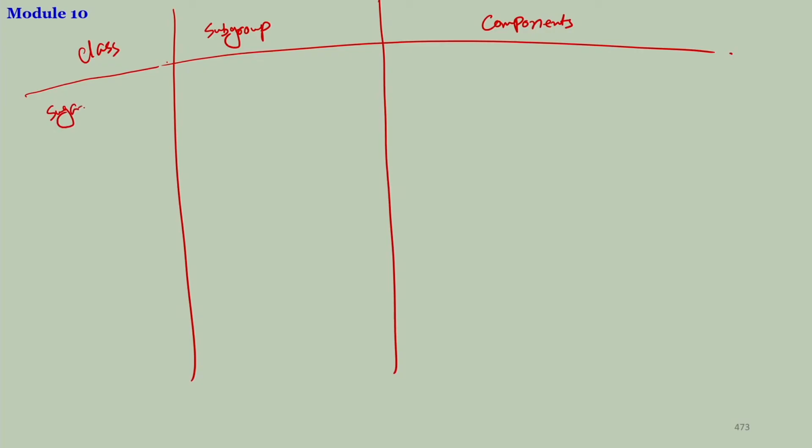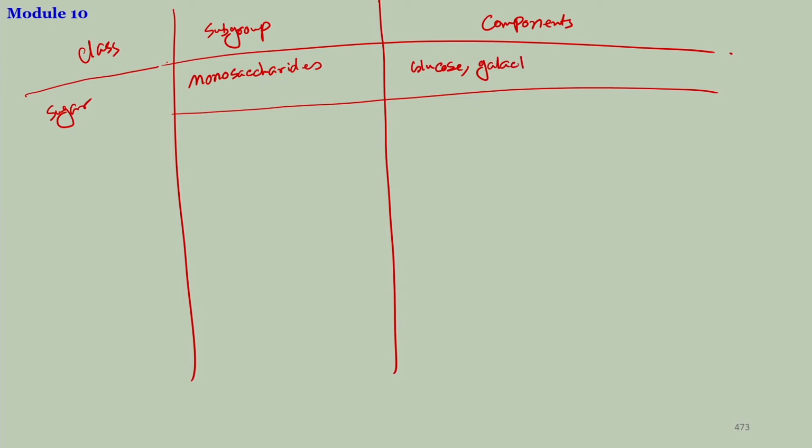Sugar can be monosaccharide, examples are glucose, galactose, fructose, xylose. I will show you all the structures also just a little bit later.